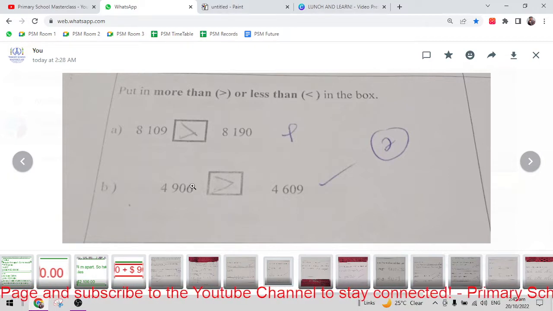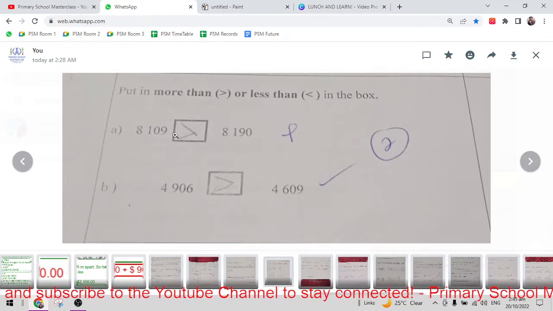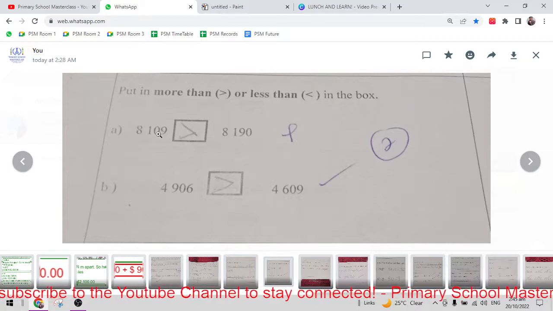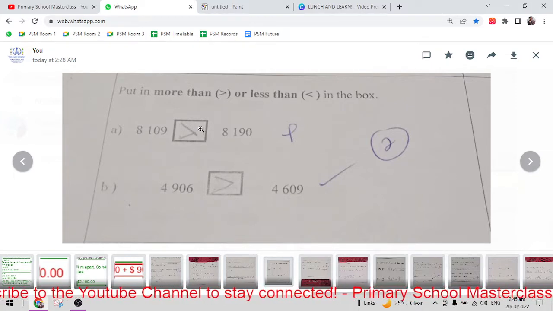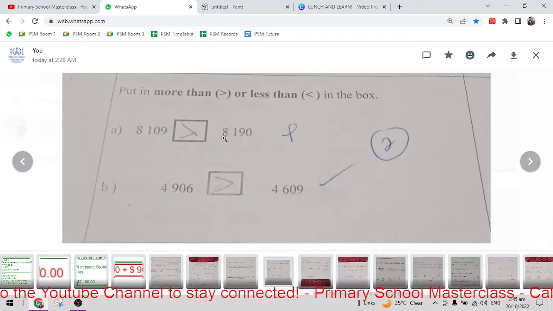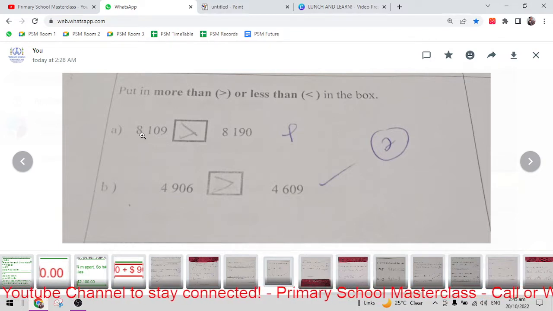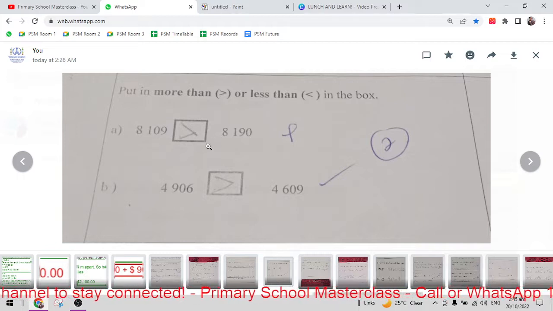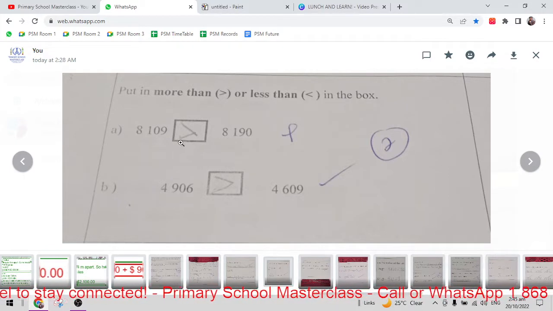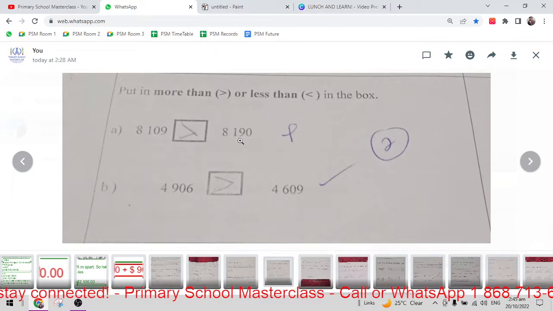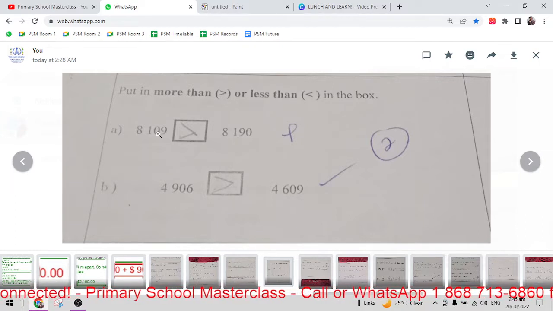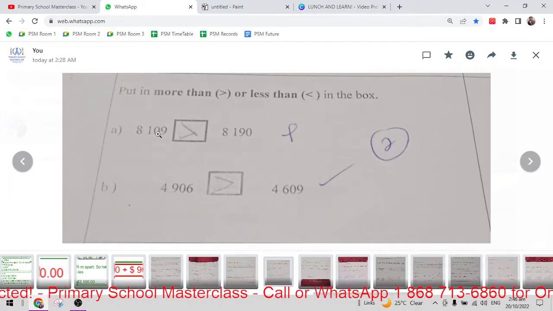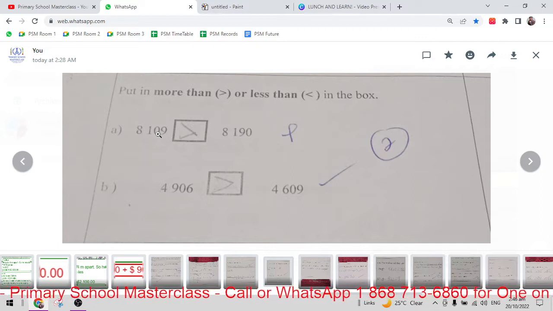Okay, but you got the second one right. So you understand that there is a 8 on both sides, then there's a 1 on both sides, and then when you realize that there is a 8 on both sides, it's the same, then there is a 1 on both sides, it's the same, and then you see the 9 here and a 0 here for the third number, the tens column number.